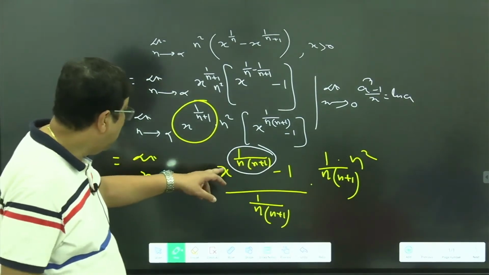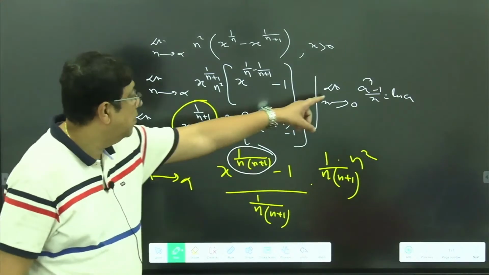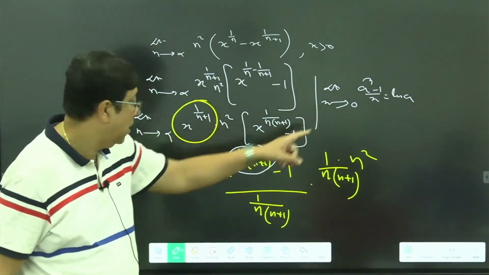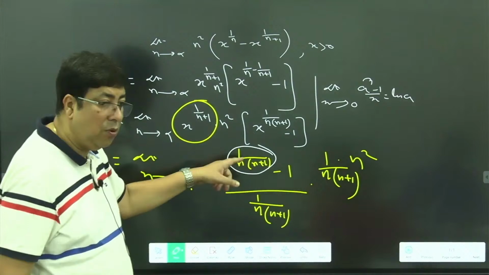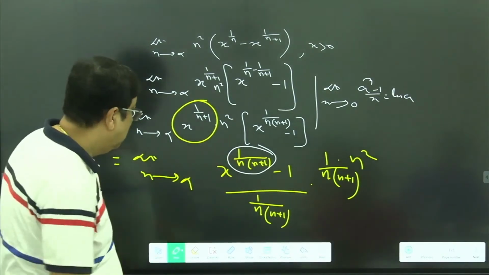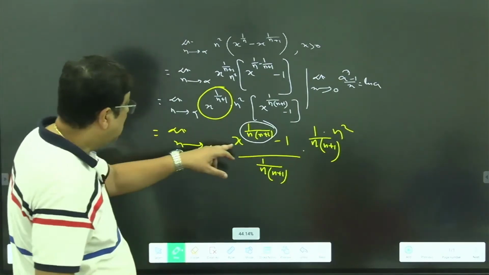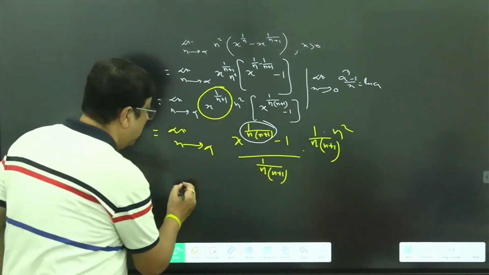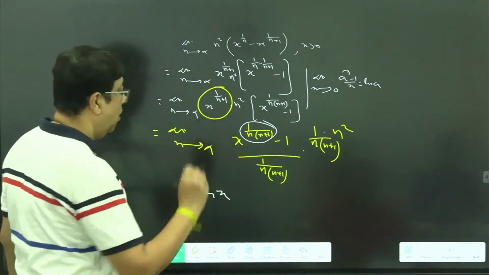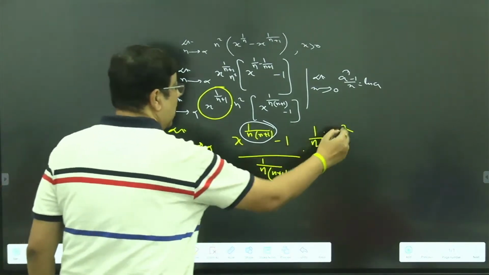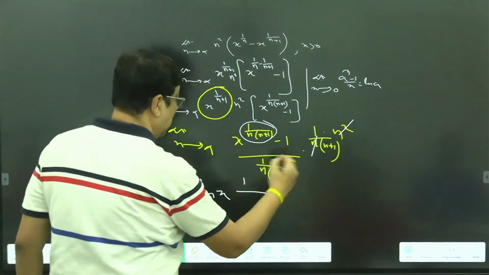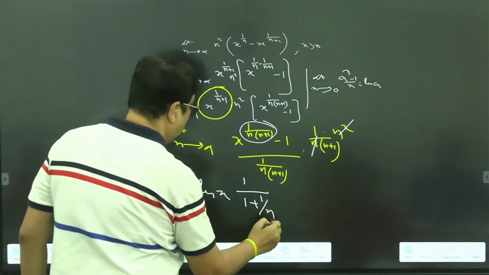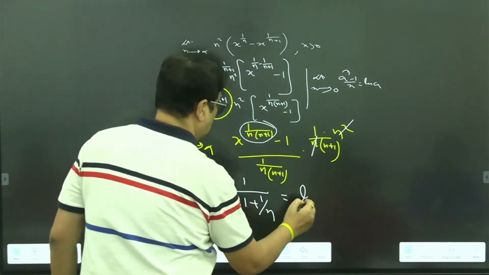Directly we can apply the formula a to the power x minus 1 by x gives log a. So x to the power this, which tends to 0, gives log x. This tends to 0, and by the formula it is log x or ln x, whatever you say. n cancels, so this n I am taking out, 1 by n, and 1 by n is 0. So the answer is log x.